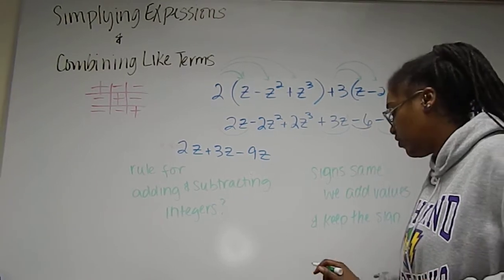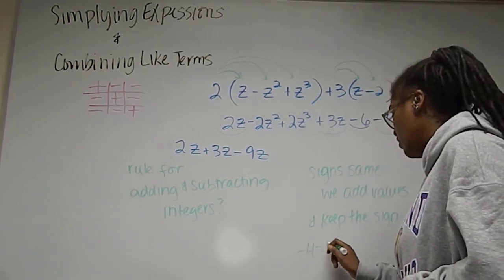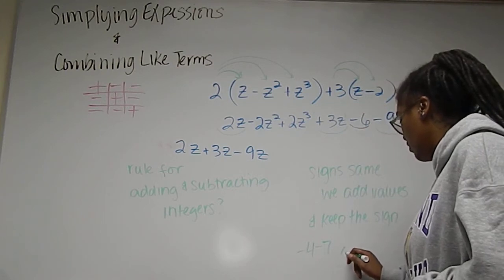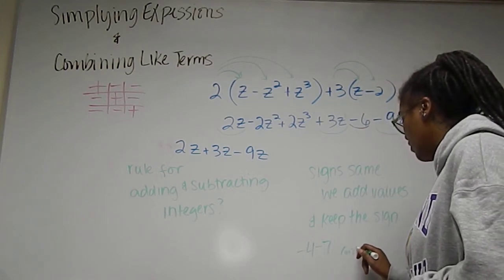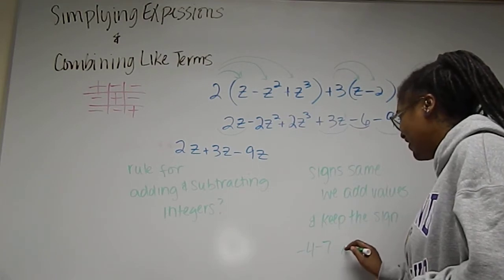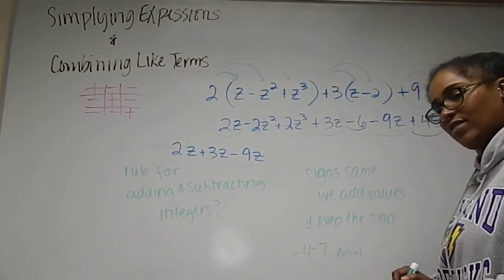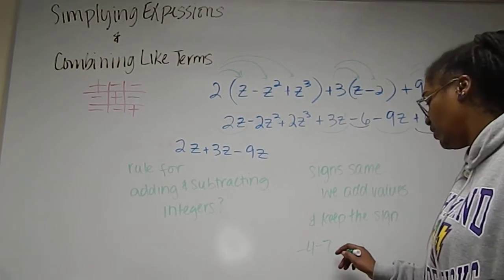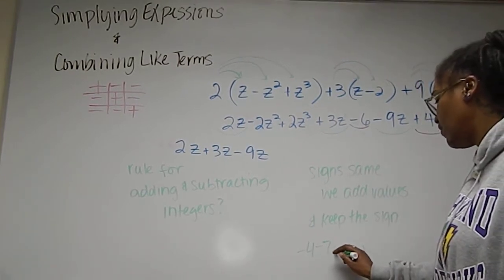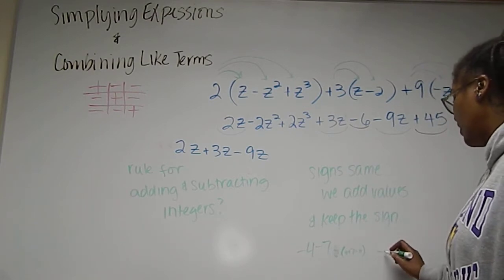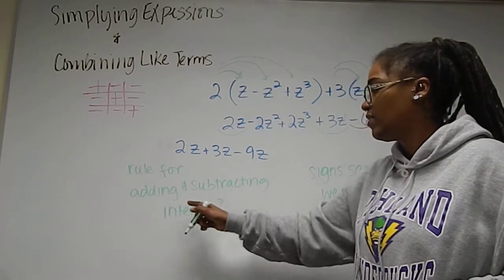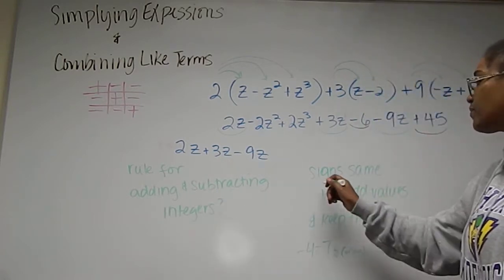So if the signs are the same, we add the values. I know what I said about it equals, but that's an equation. We add the values and we keep the sign, right? That's not an equals, that's a negative. So it would be negative 11. And in this case, we're adding the values. So this is for when our signs are the same.